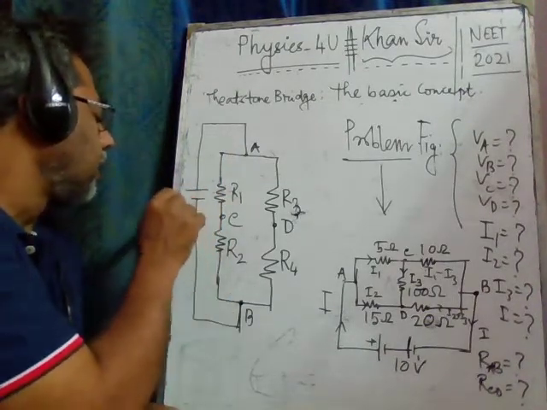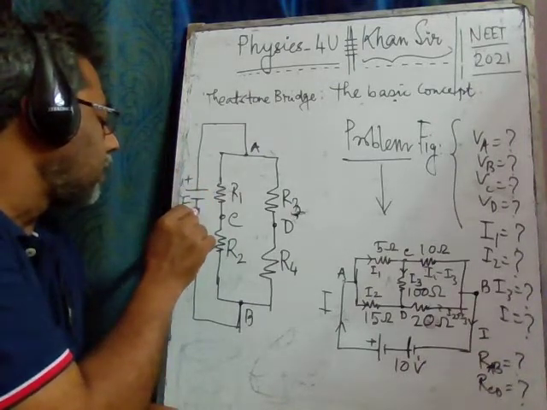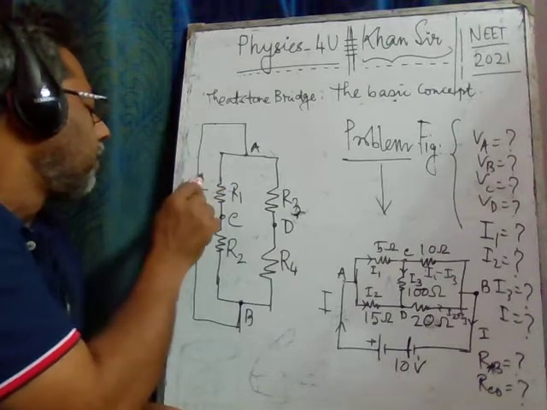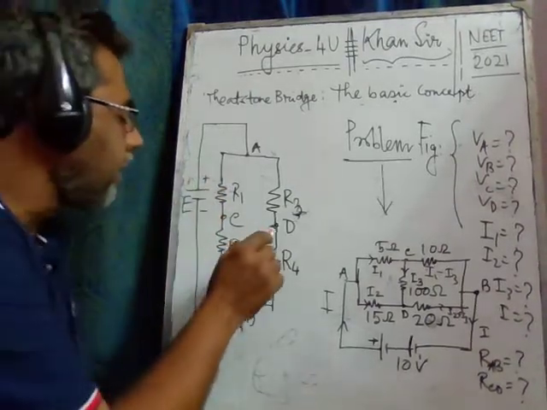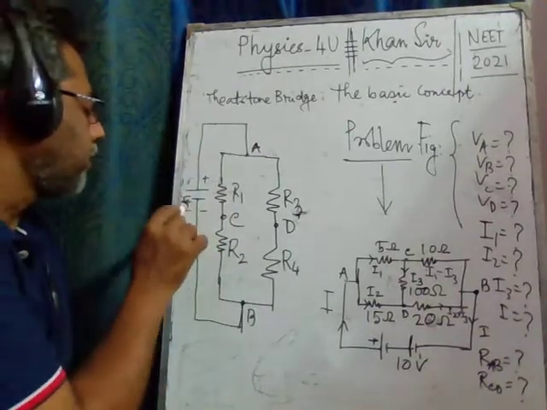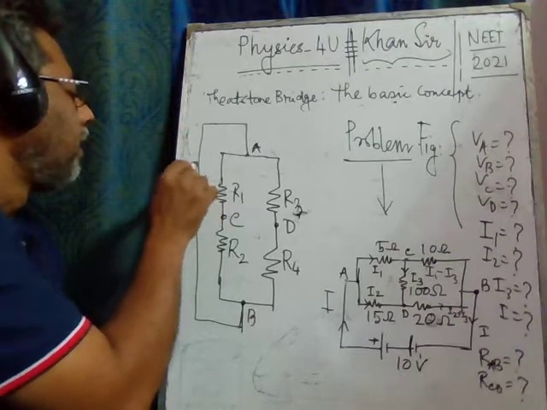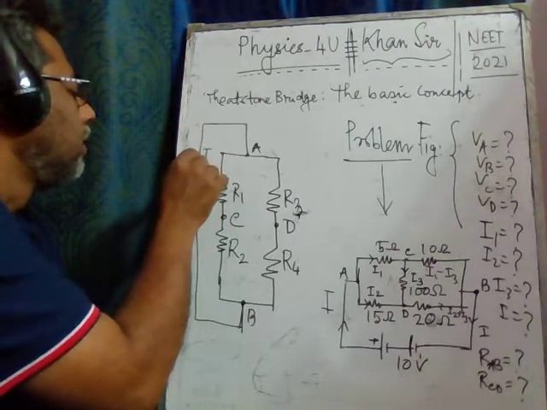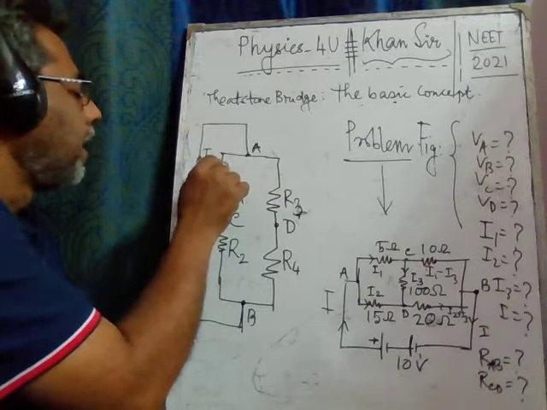This terminal of the cell is at higher potential, and this terminal is at lower potential. So the current starts from the battery at the higher terminal, flows through this wire and reaches here. Here it is divided into two parts.